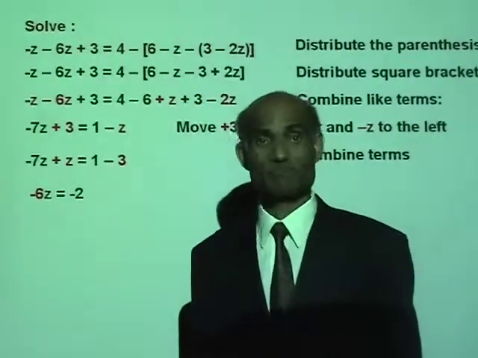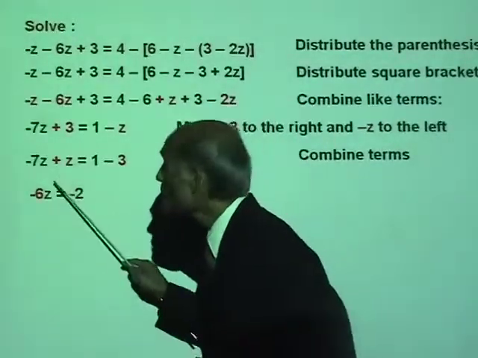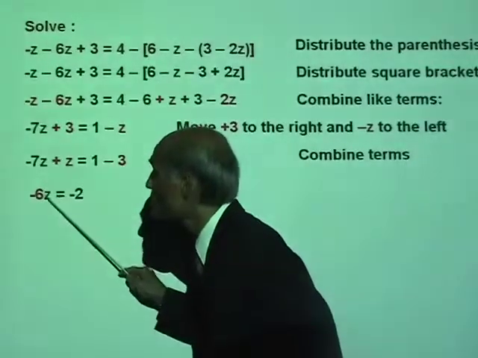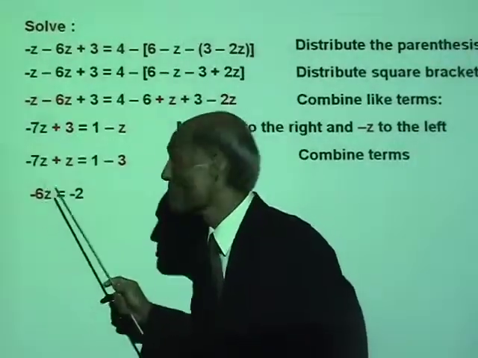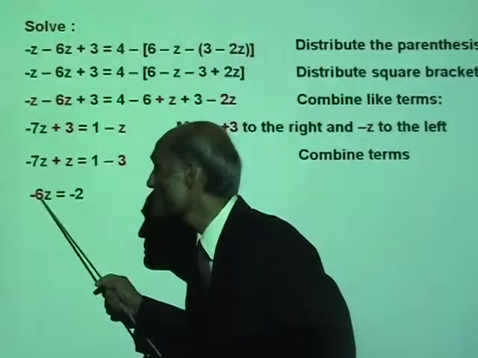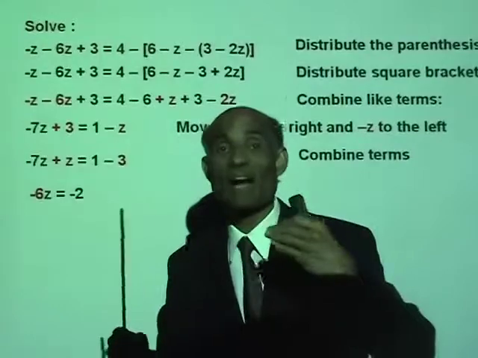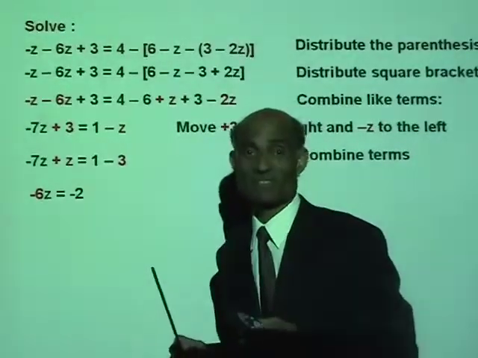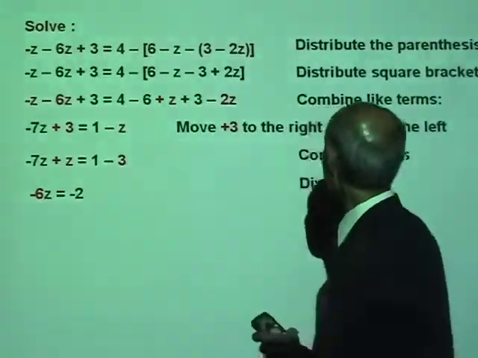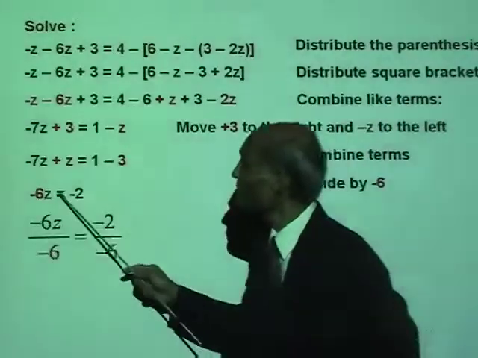Is that right? Okay. Now we need to make the coefficient of z a 1. At the moment its coefficient is negative 6. To make it a 1, divide both sides by negative 6. So, divide both sides by negative 6.